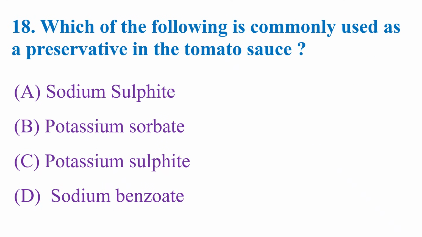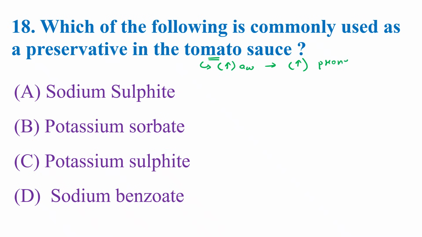Which is commonly used as a preservative in the tomato sauce: sodium sulfite, potassium sorbate, potassium sulfite, or sodium benzoate. So tomato sauce, we know it has high water activity. High water activity means it's more prone to microorganisms.